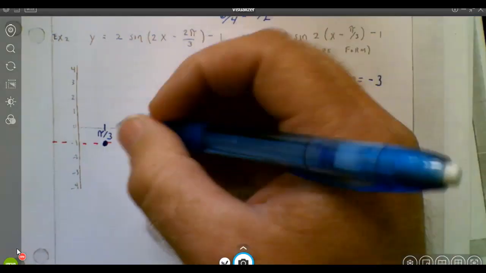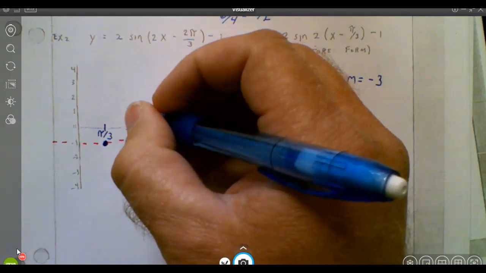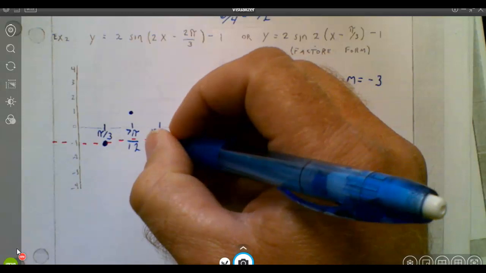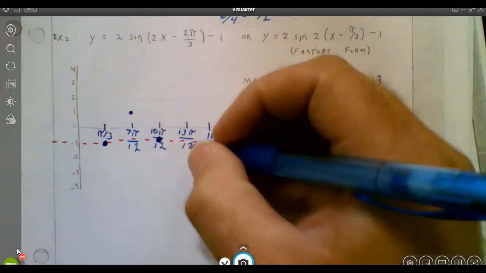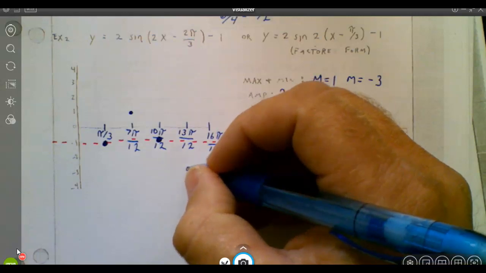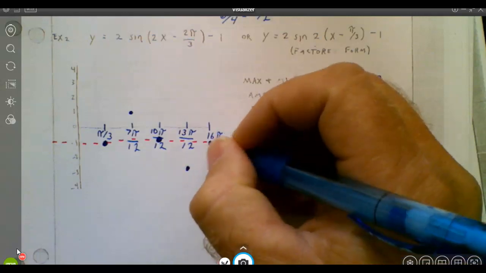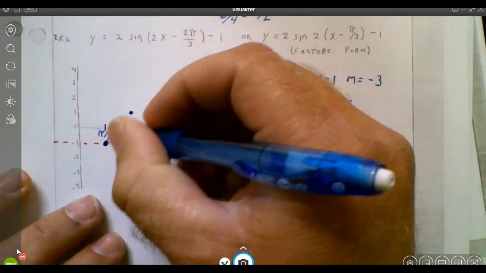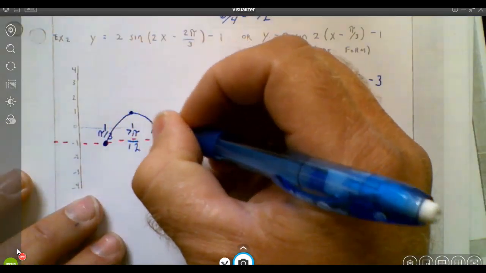So from here, I will be going up 2 units, back to the midline, down 2 units, and back to the midline. So my graph will go something like this.